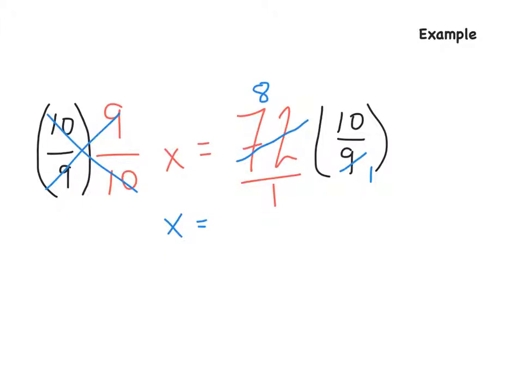So now we can multiply straight across. 8 times 10 is equal to 80. 1 times 1 is equal to 1. And if we simplify 80 over 1, that is just 80. So x in this case is equal to a positive 80.